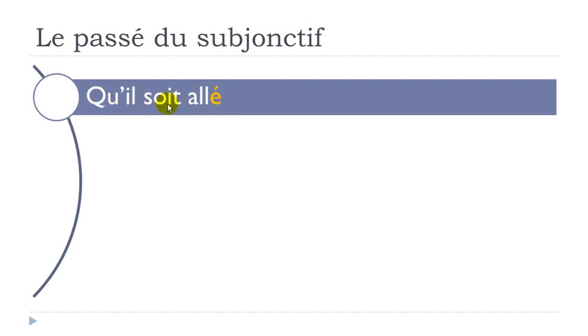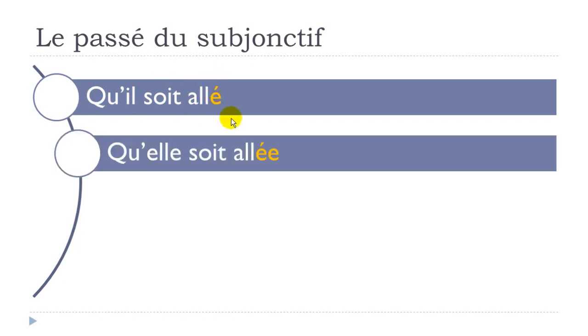So here, allé will end with accent aigu like that. But then if we put the feminine form, qu'elle soit allée, it will be exactly as we saw for all the other composed tenses. You will have to put at the end of your participe passé the mark of the feminine.